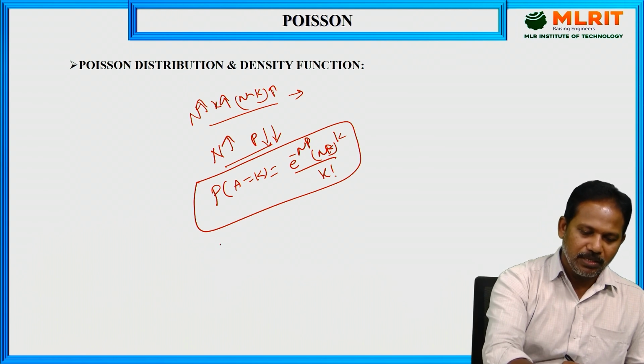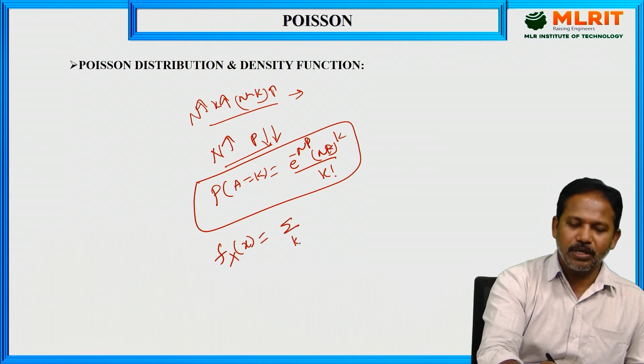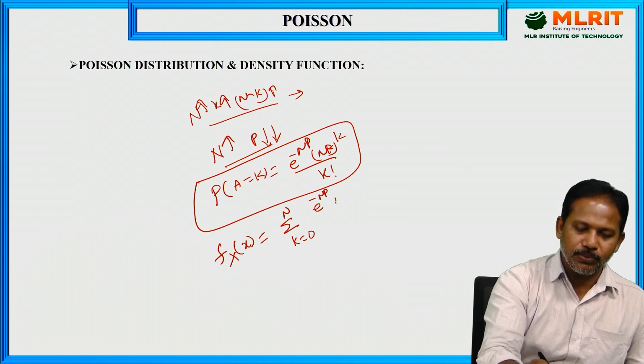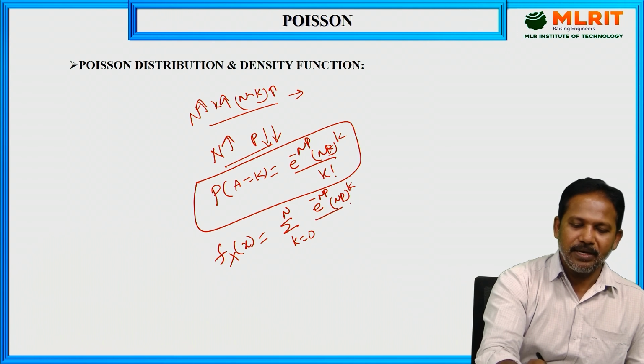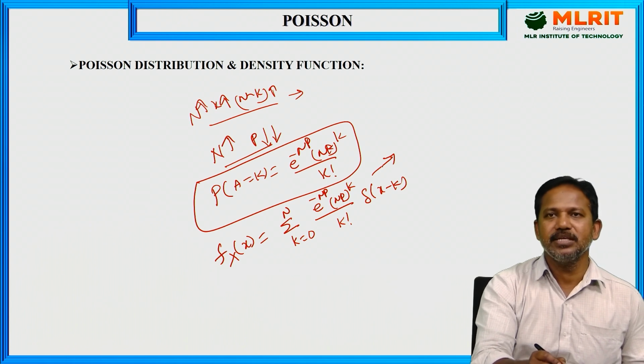That is f_X of x is equal to summation of k equal to 0 to n, e power minus np into (np) power k by k factorial into delta of (x minus k). This is my Poisson probability density function.